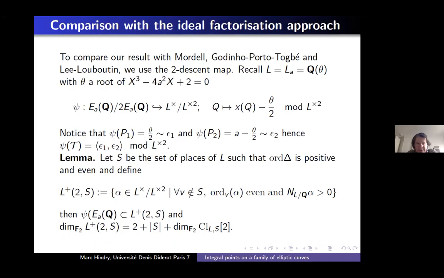The link between the theory of elliptic curves and this cubic field analysis can be given by what is called the two descent. So the two descent is a classical algebraic device that initially is made to compute the rank of an elliptic curve. So we define the following map.